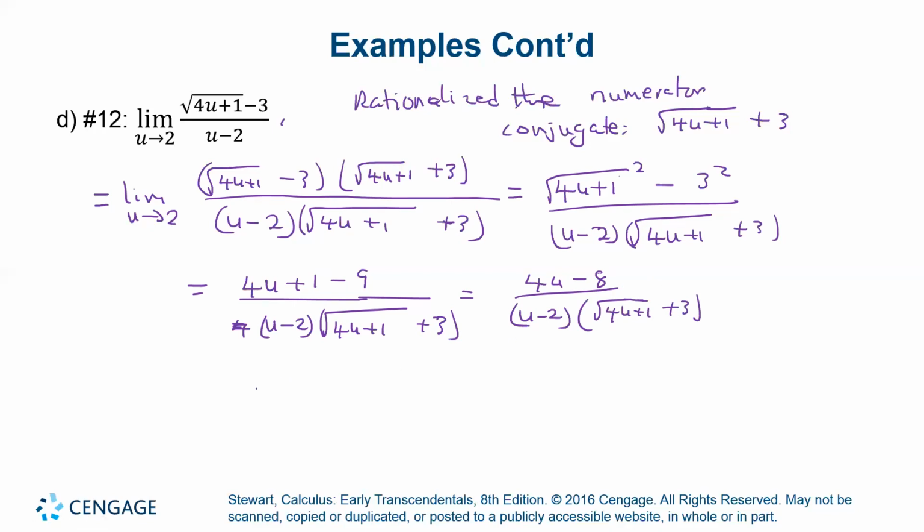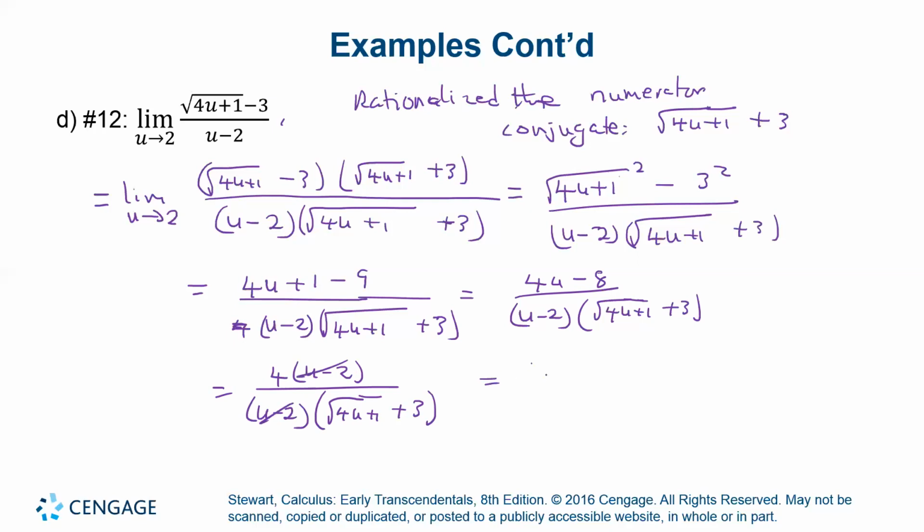Now you can see that in the numerator we can pull out 4 and write it as 4 times u minus 2. Then you have u minus 2 in the bottom times the square root of 4u plus 1, plus 3, and so this will cancel out.